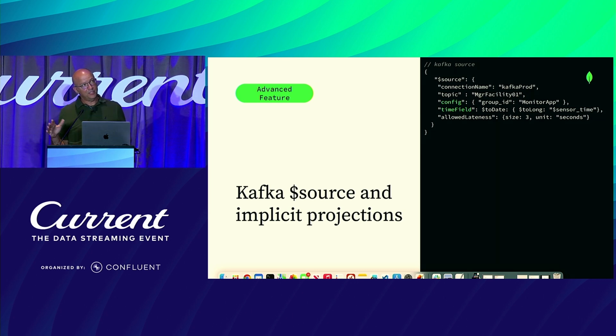Today it's a little light in terms of the number of config options, but we will be adding more as time goes on. You also see allowed lateness. We do mitigate the fact that data can come in late. You can specify seconds or however long you want for the allowed lateness, and that's the time delay before processing the data itself.